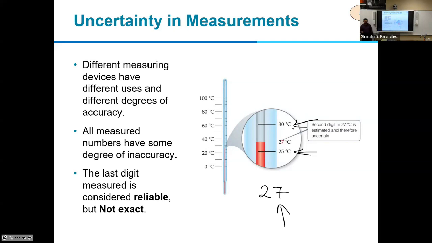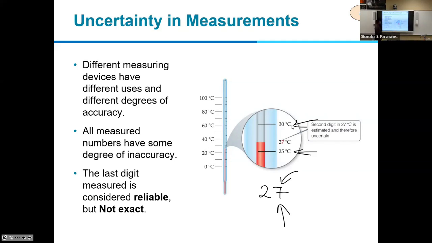It's an estimation based on the scale, and it's a reliable number, and it is not exact. So this can be like 27.2 or 26.8. If we have a different thermometer, this temperature might slightly deviate from this value. But based on this scale, we can record our data up to 1's place accuracy. That's the accuracy we can have on our data.